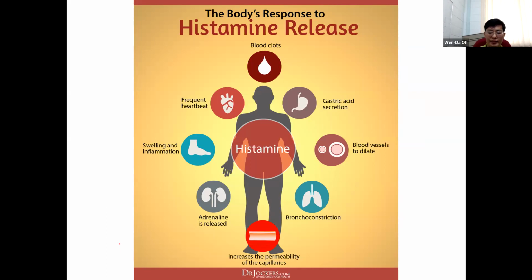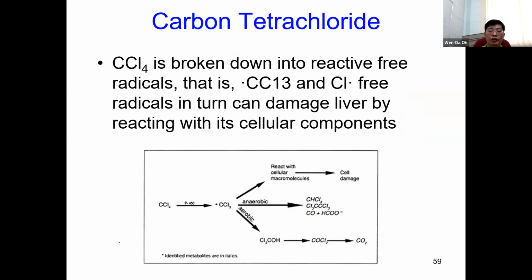So histamine is critical in allergic reaction. That's why people who are allergic to certain chemicals take antihistamine, so that they can be cured from all those effects. Another one would be carbon tetrachloride, which is one of the chemicals that can cause the generation of radicals, which can then damage our liver.